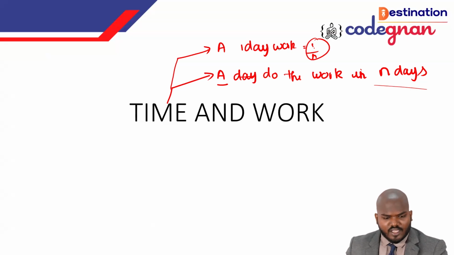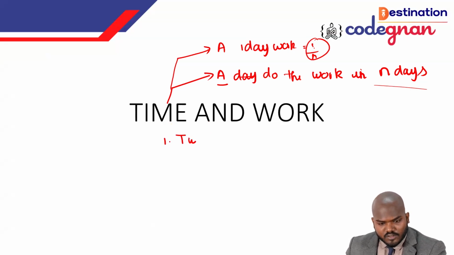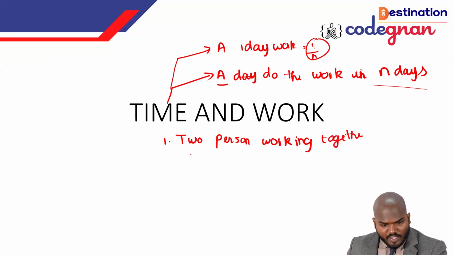We have segregated the topic under time and work in a very simplified way. The first is two persons working together, which is a very easy type to find the value for. The second type is a person working alone, only one person.